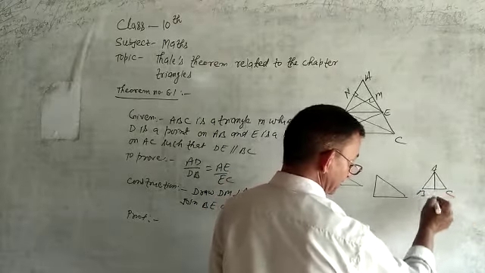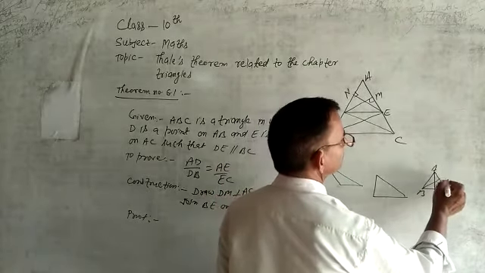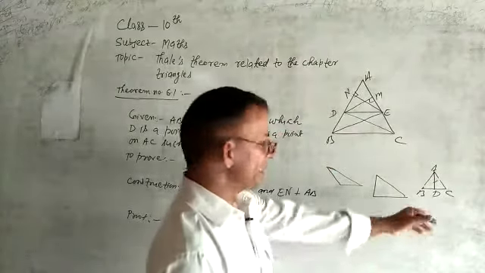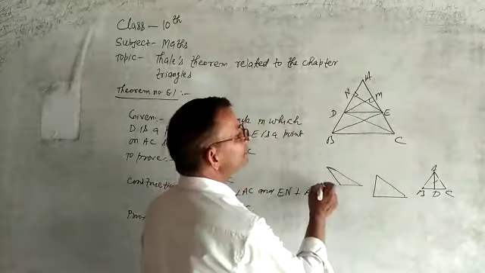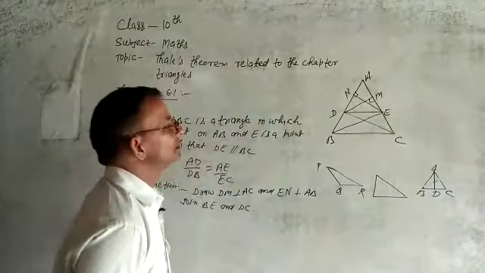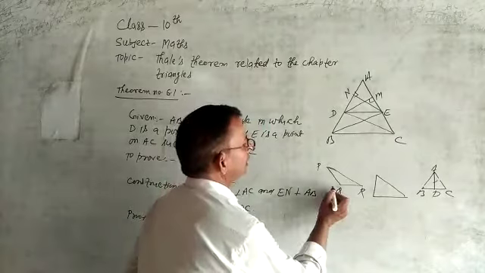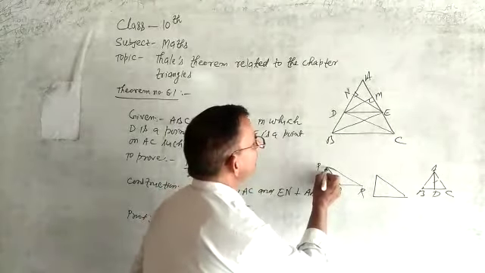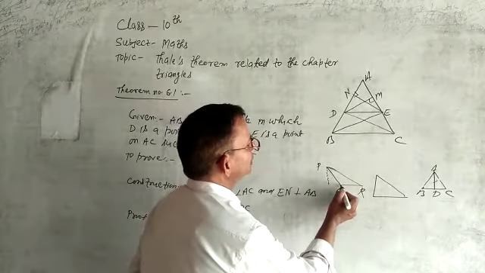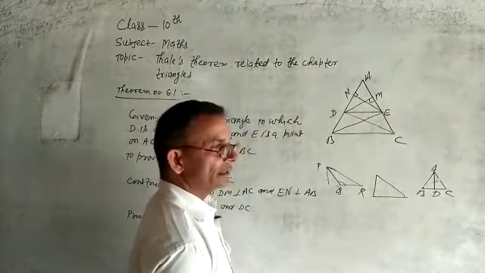Suppose this is triangle ABC. AD is perpendicular. This AD passes through inside the triangle. If the triangle is an obtuse angle triangle, then the perpendicular passes outside of the triangle. In this triangle PQR, angle PQR is greater than 90 degrees.